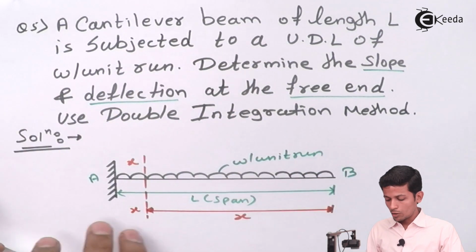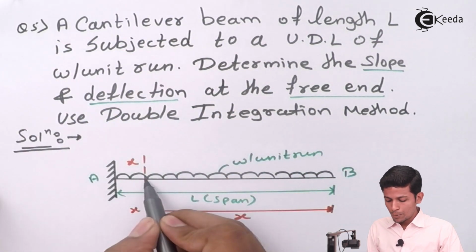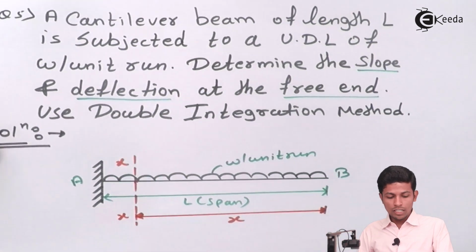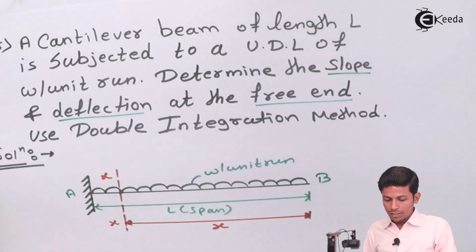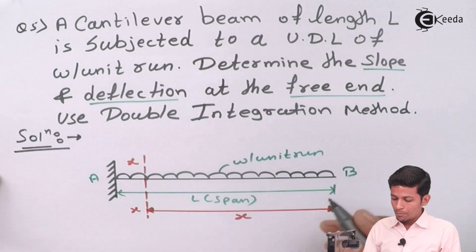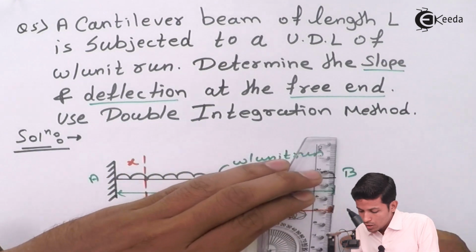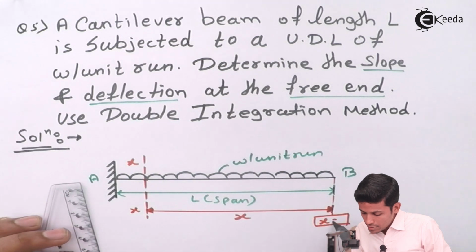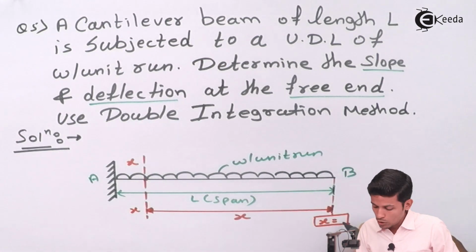Now see, we have to take the bending moment and take B as origin. Using the double integration method, we have forgotten one thing: we have not drawn the box over B, as B is the origin. So our first box will come like this, where x is equal to 0.